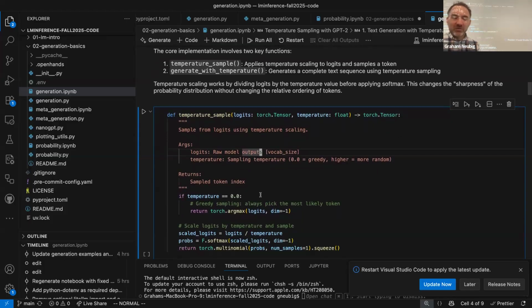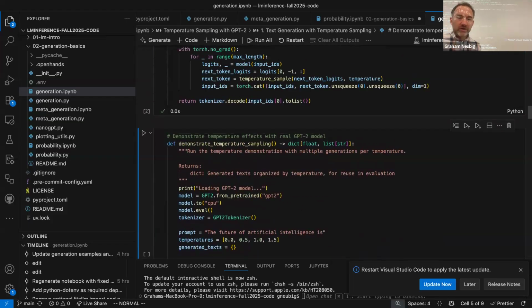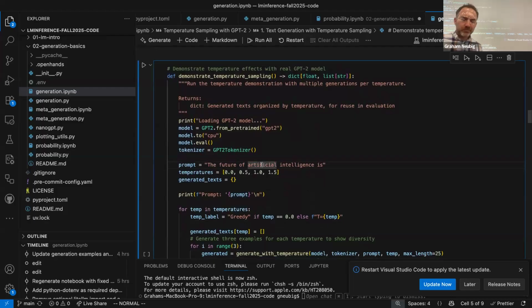But back to the normally scheduled programming, I'll do temperature sampling, and this time we're doing it with GPT-2, so it'll give us actual, somewhat reasonable looking results.